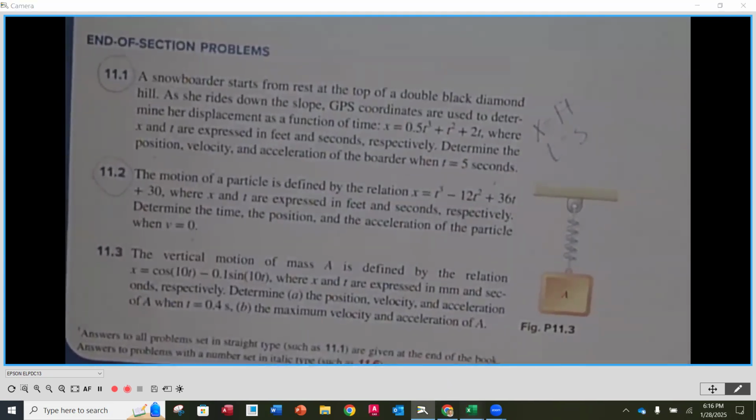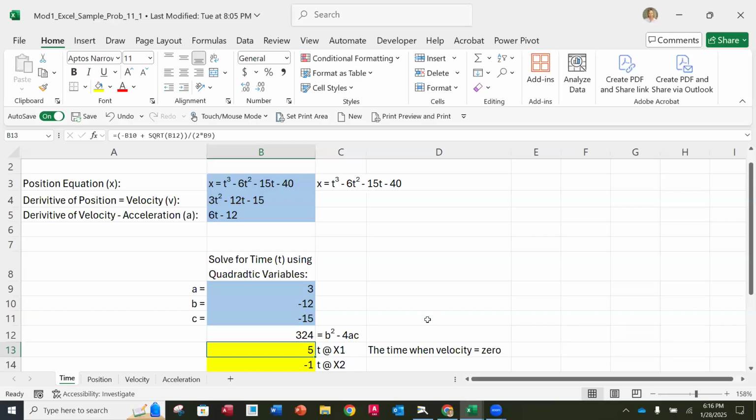If we go back to the spreadsheet from the problem, on mine, you don't have to do it exactly the same way, but it's a good way to get started. My first one was my time tab where you can fill in all of the equations for position, the one that's given in the problem, and then the derivative of position to get velocity, and then the derivative of velocity to get the acceleration, okay?